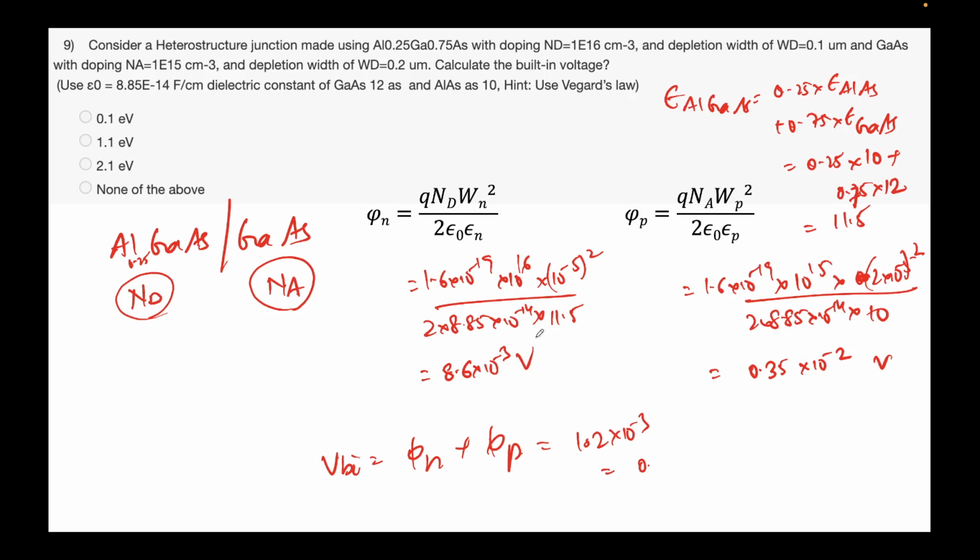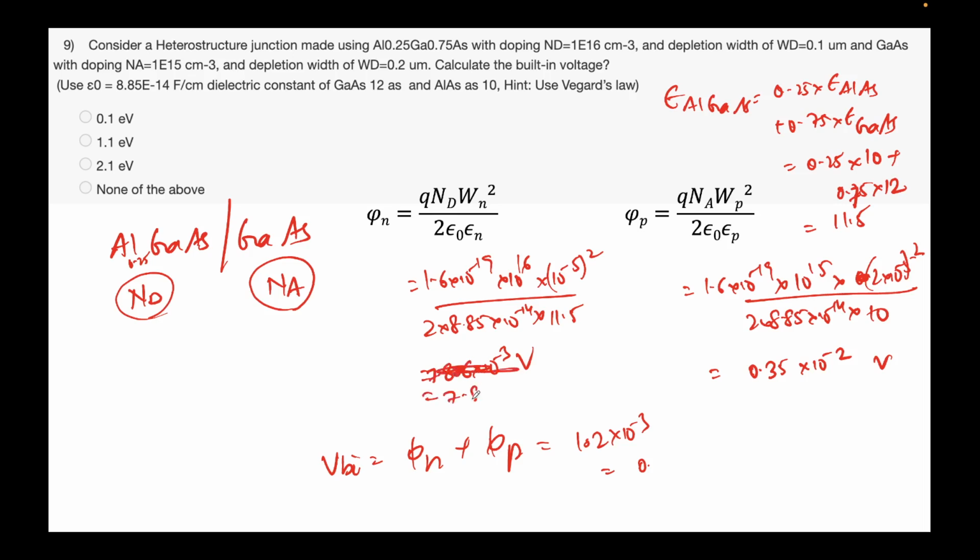Just a second. 8.6 by 1000 plus 0.035. Sorry, I have to do it again. I had done it earlier, but I'm getting the wrong answer. 1.6 by 2 by 8.85 by 11.5. It's 7.86 or something. So this value is 7.86.